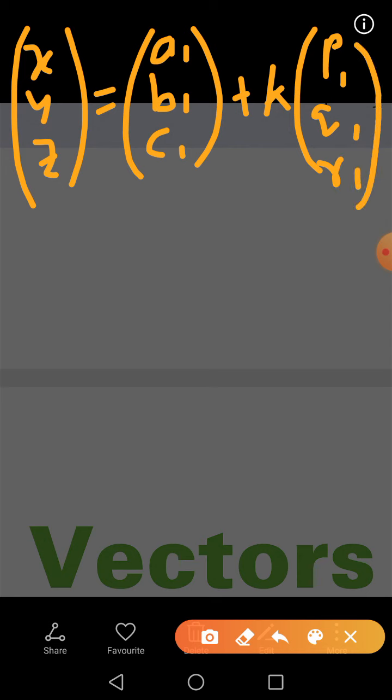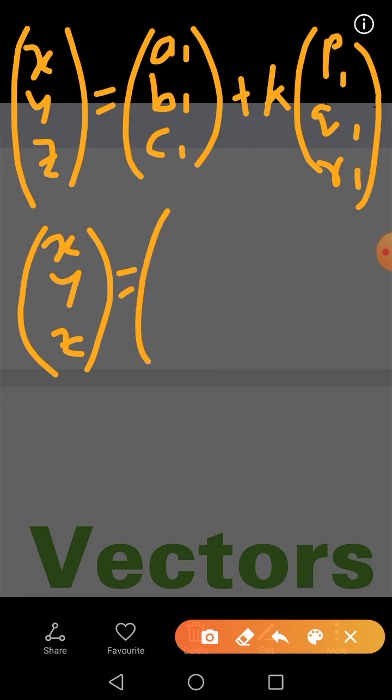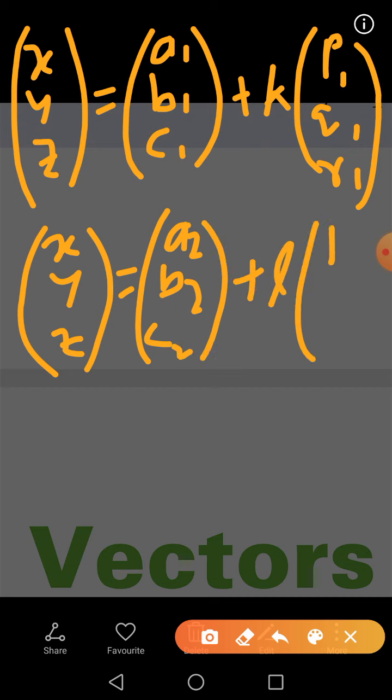That's much better. This is the equation of the first line, and the second line is a2, b2, c2 plus L times P2, Q2, R2.